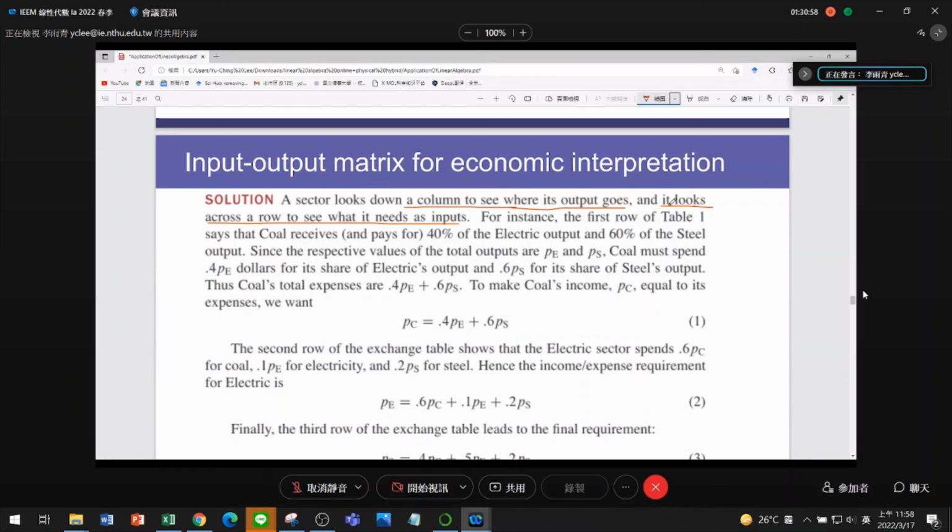And if we look across a row, we see what it needs as input.